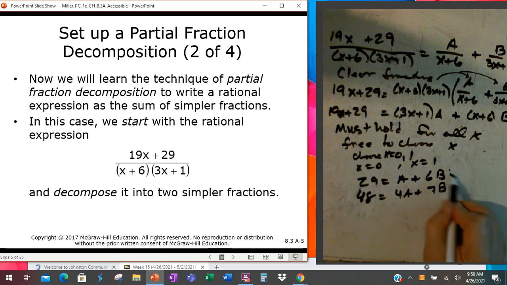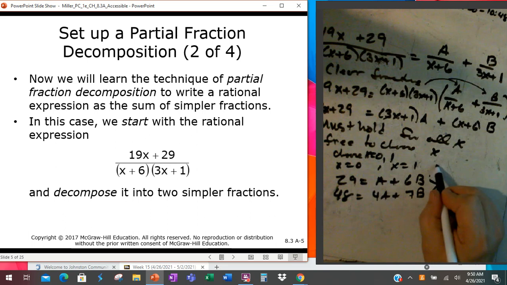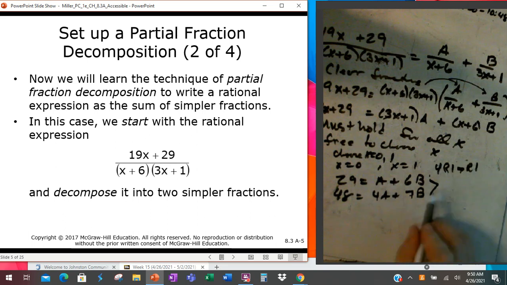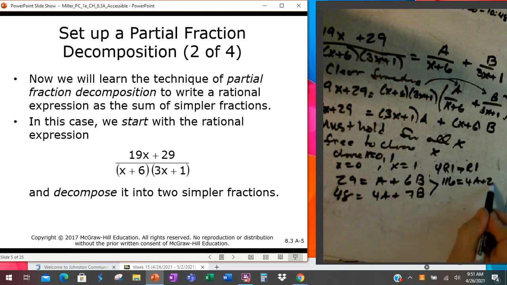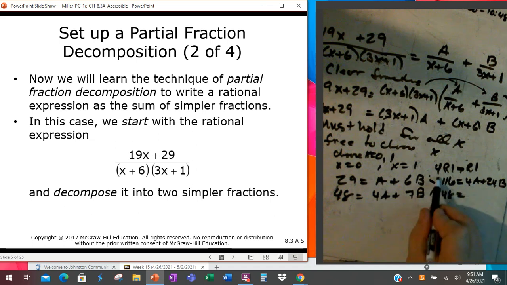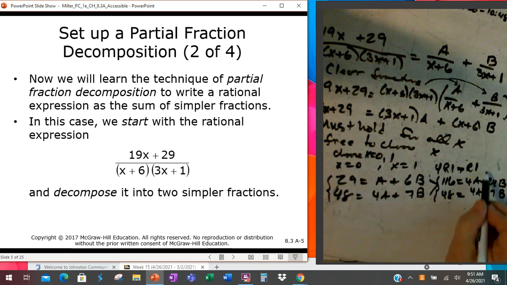So this is the very same thing. If I go 4 times row 1, that's my new row 1. I clear this out, 29 times 4, 116 is equal to 4a plus 24b, and now this is 48 is equal to 4a plus 7b, and now I'm just going to subtract row 2 from row 1.